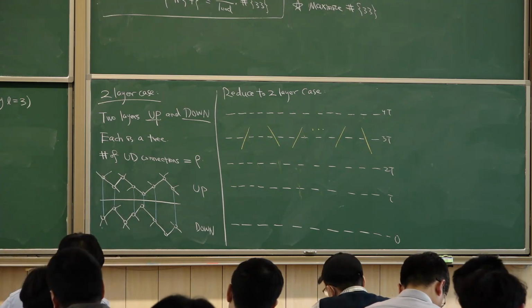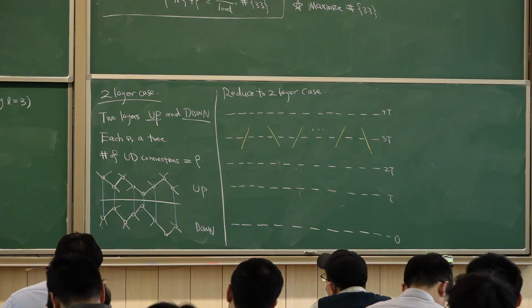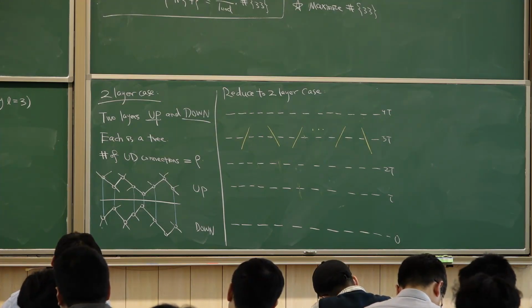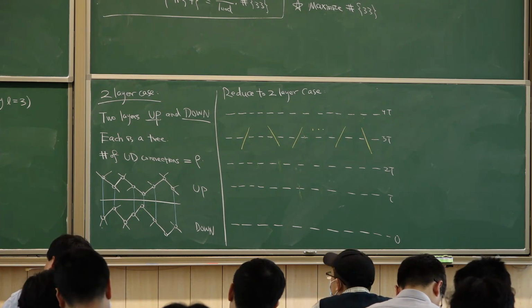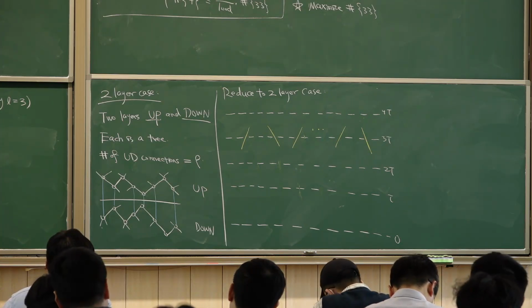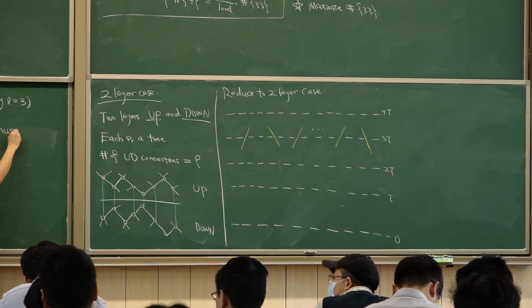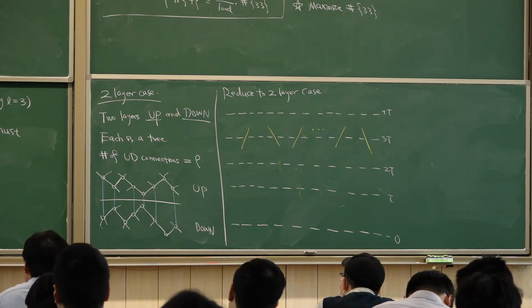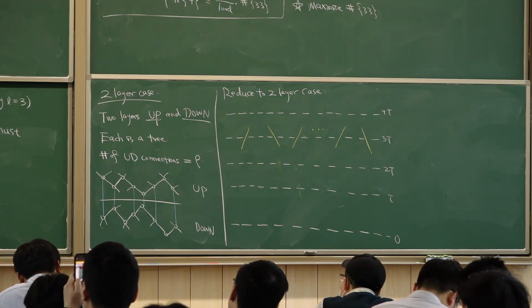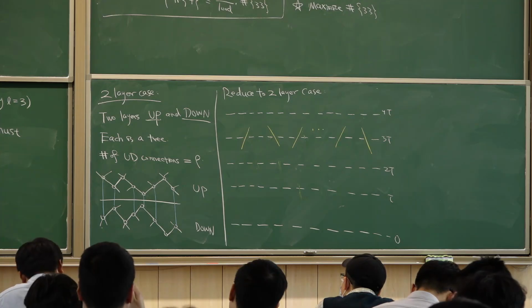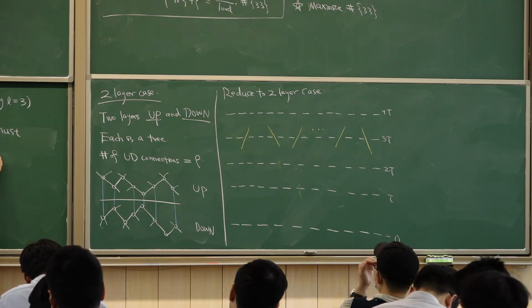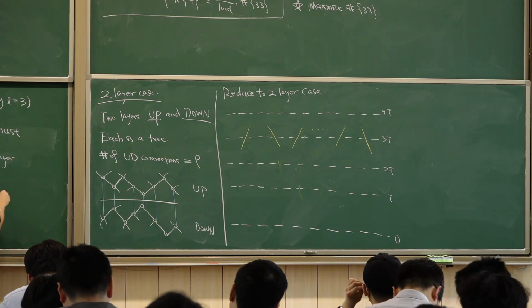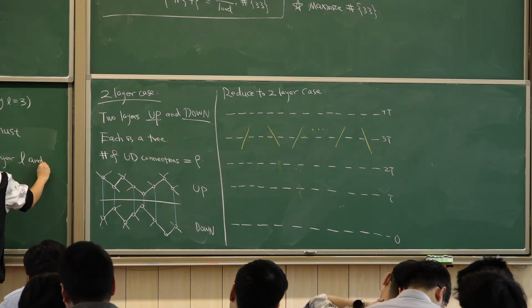Now, by assumption, each of these crossings must be connected to another crossing in layer L and below.